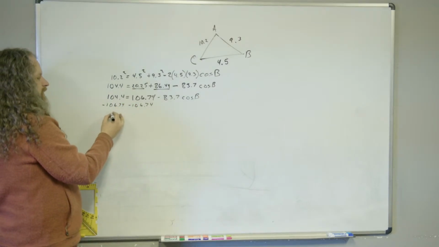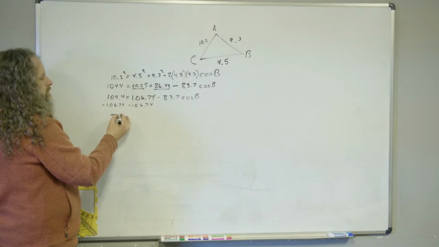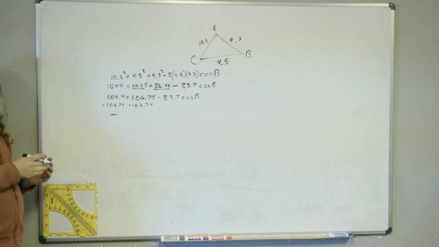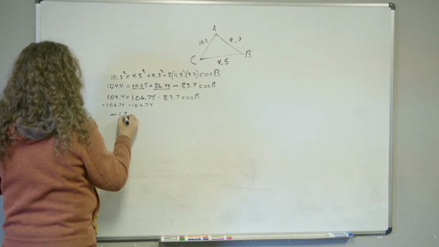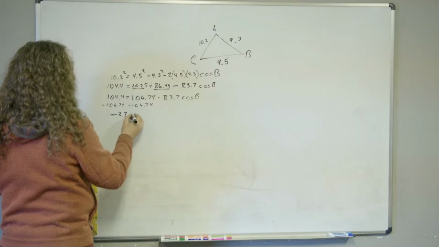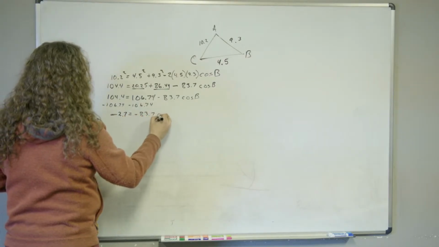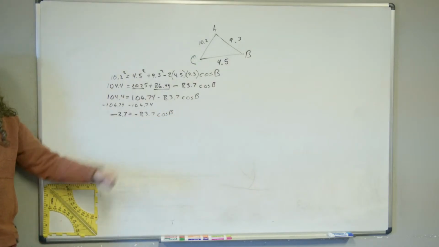We end up with negative 2.7 equals negative 83.7 cosine of B. How do we get rid of this negative 83.7?